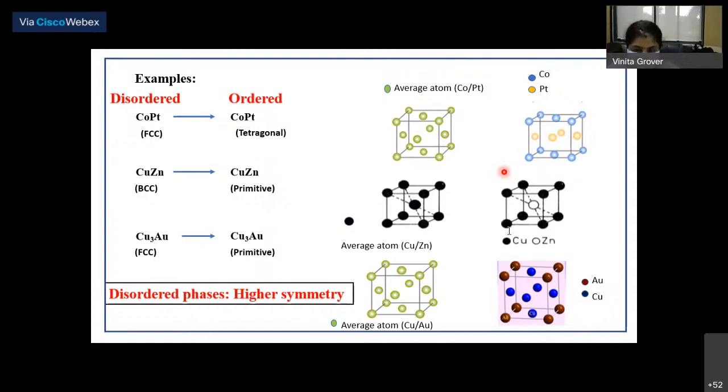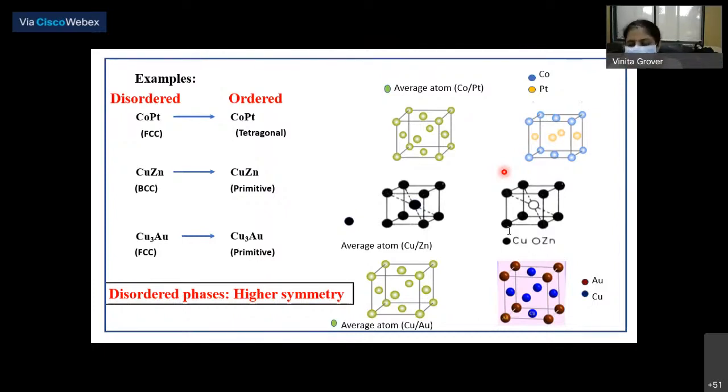Do you have XRD of this? Not of this material, but I'll try to get you XRD pattern of the same material which shows order and then disorder. Okay. Actually, ideally, I didn't want to venture into fluorite and pyrochlore, but if you think about it, pyrochlore is an ordered structure of fluoride.